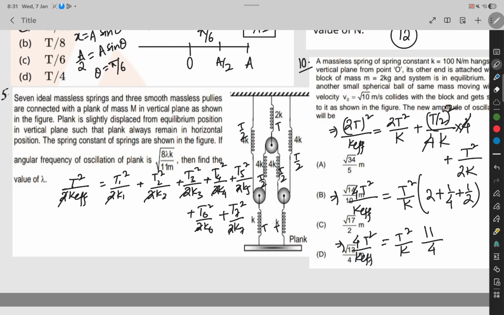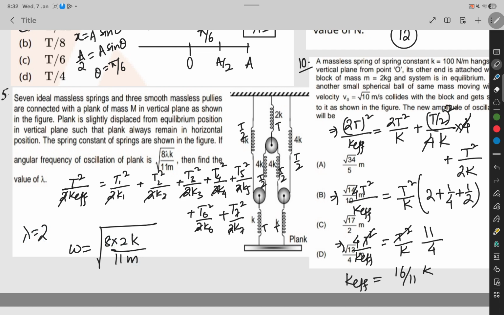So your k effective is coming, this cancels out, 16 by 11. So omega will be root over k effective by m, that is omega root over 16k by 11m, and you can write this 16 as 8 into 2, so the value of lambda will become 2. So this was your solution for question number 5.